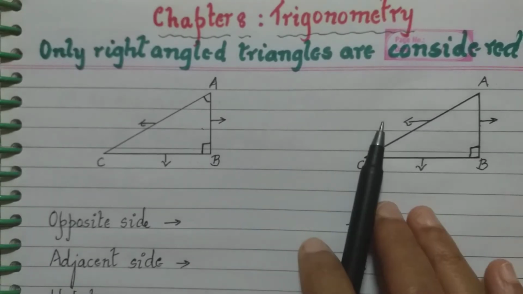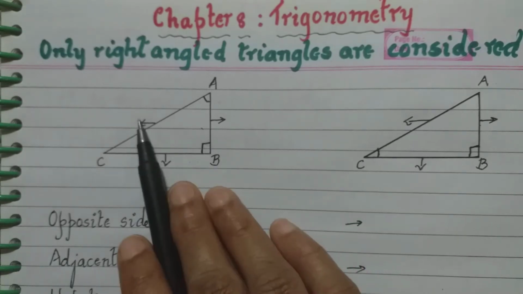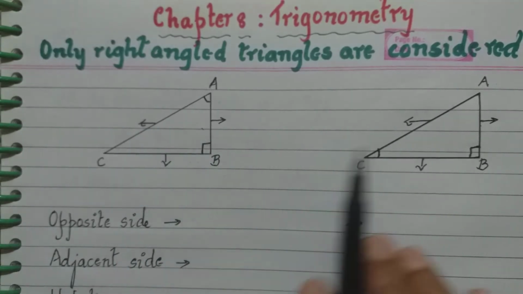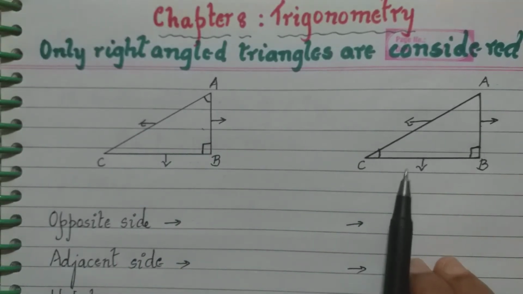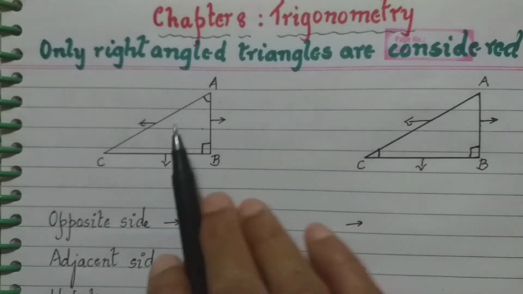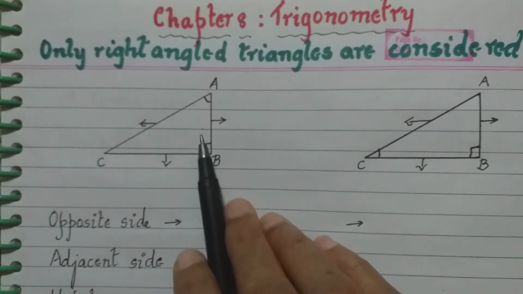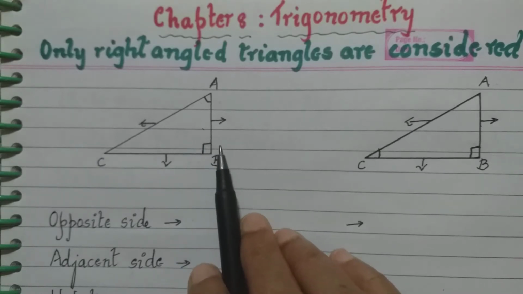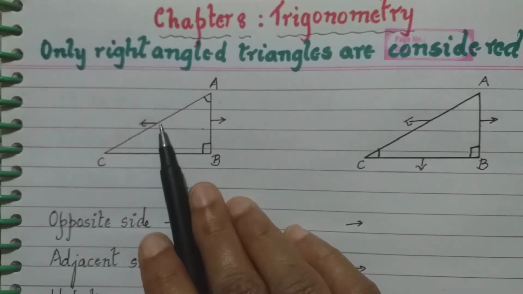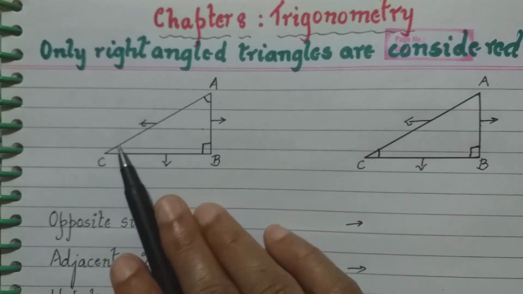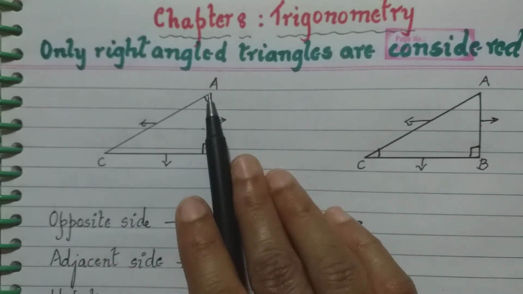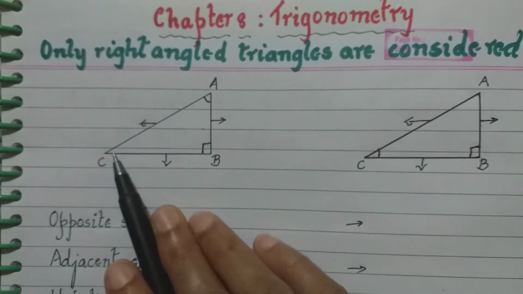Now, for writing the ratios, first we must know what the different sides are named. Now we'll come to this first triangle. We see here angle B is a right angle. As we know, opposite to the right angle always is the hypotenuse, and we see that AC is the hypotenuse here.